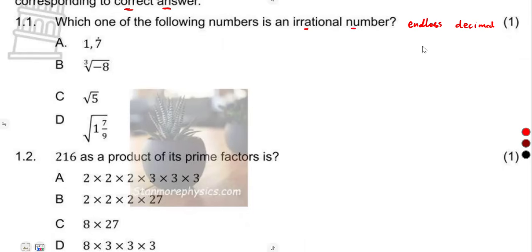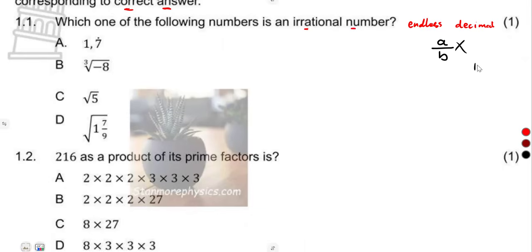Where, in actual sense, we cannot write those endless decimals as fractions. We cannot write them as a over b, as a fraction a over b. All right, we cannot write that in that format. This does not exist for irrational numbers.